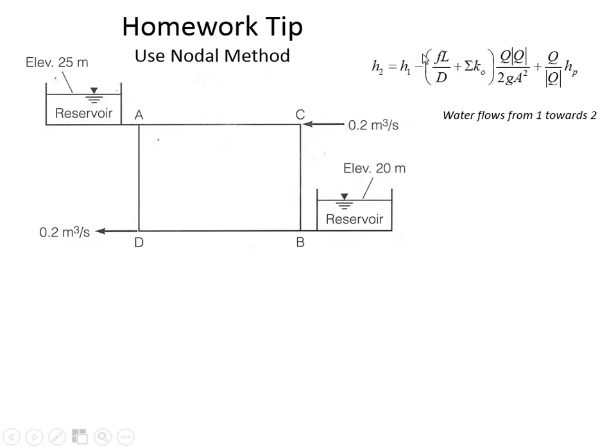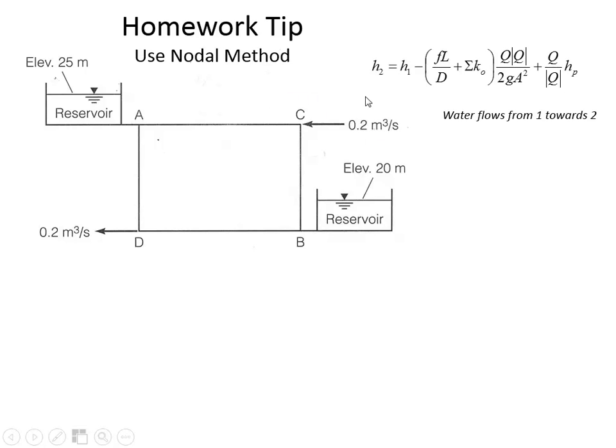And so the losses in the pipe are this term here, plus if there's a pump between it, and there's not. And so what you can do is you can write the unknown flow here in terms of the characteristics, and you also can write the same equation from here, but it's going to be related to a known amount. It's going to be related to the 20 meters here. That will be the head at the downstream junction, 25 meters at the junction at A.